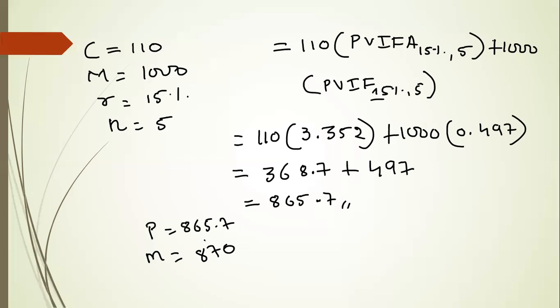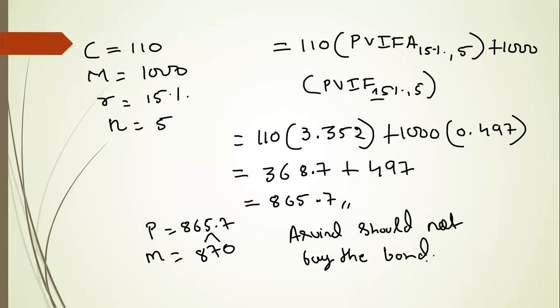So this is higher. So Arvind should not buy the bond. So this is the solution for the problem.